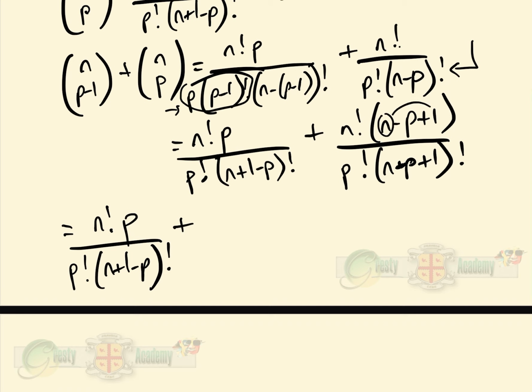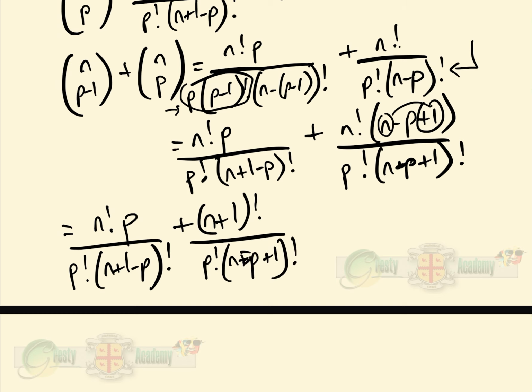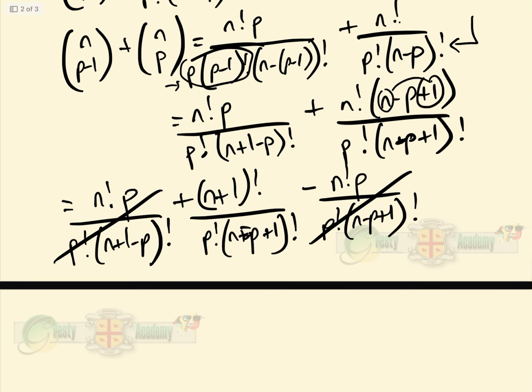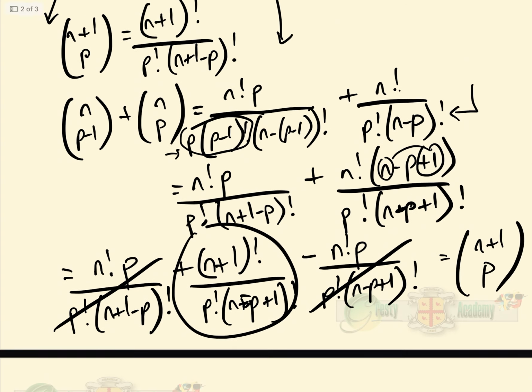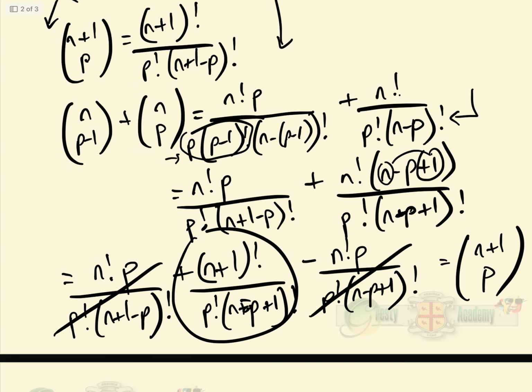Now here we have n plus 1, so (n plus 1) times n factorial is (n plus 1) factorial over p factorial (n minus p plus 1) factorial, minus n factorial p over p factorial (n minus p plus 1) factorial, and this cancels with this, leaving us with (n plus 1) factorial over p factorial (n minus p plus 1) factorial, which equals C(n plus 1, p), as we showed here.